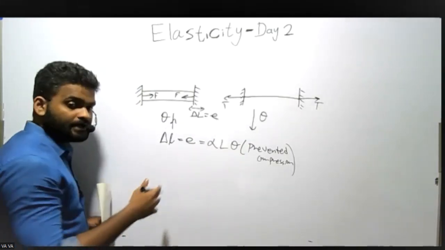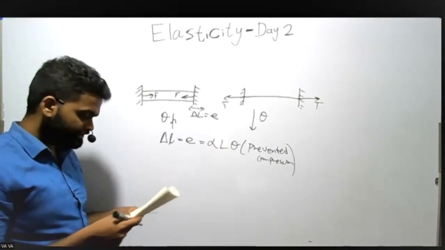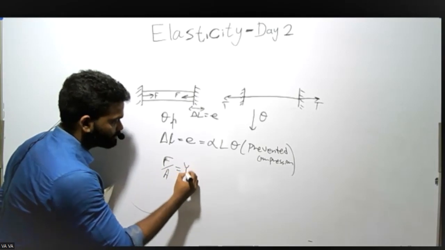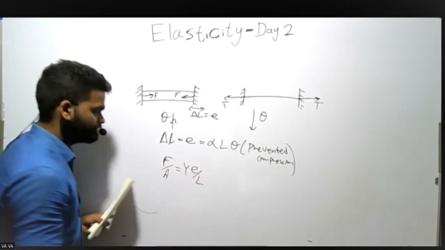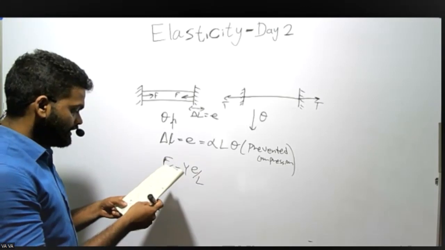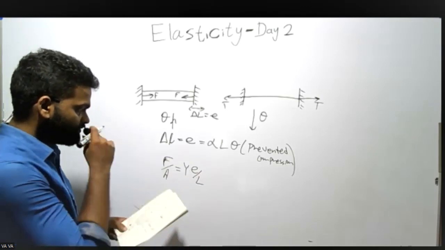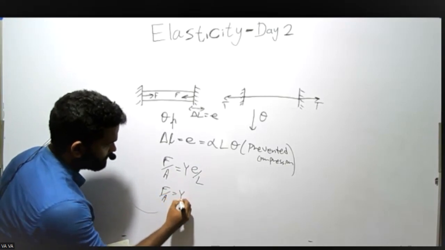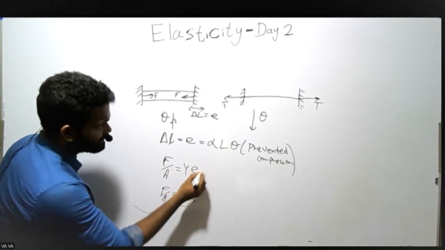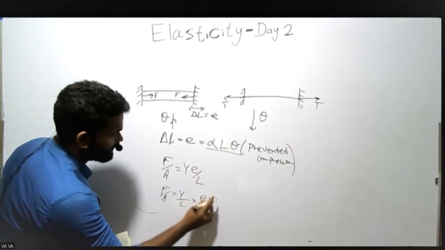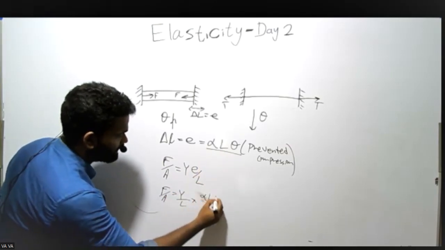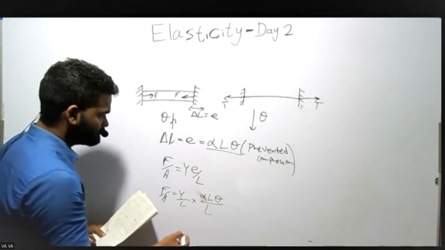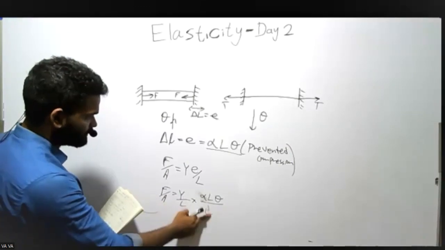Then I'm going to apply the equation that involves Young's modulus. So that equation is this one, right? Stress equals Young's modulus times strain. So this is the other equation. Then what I can do is, instead of e, I can apply this alpha L theta, then divide by L. Oh, sorry, it's already divided.